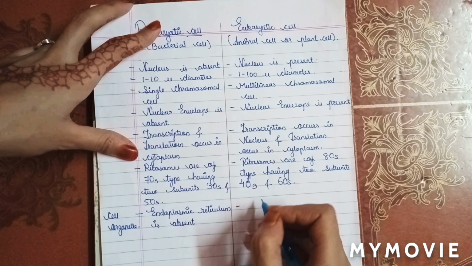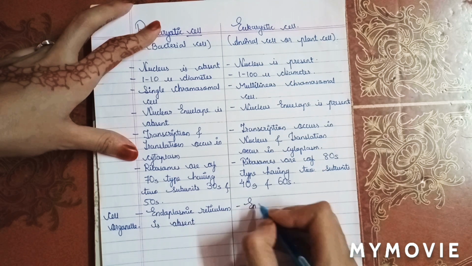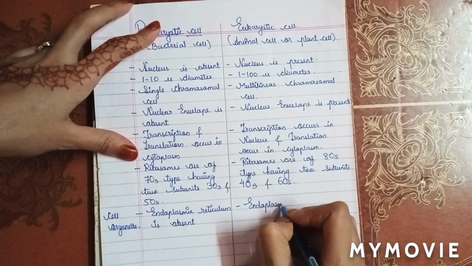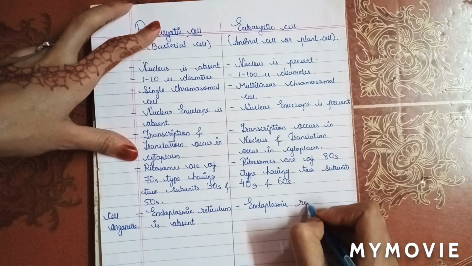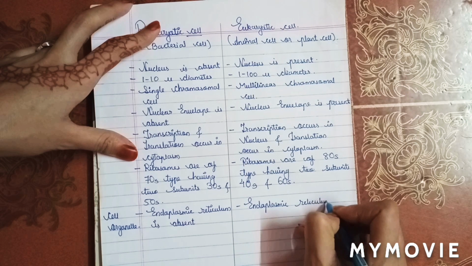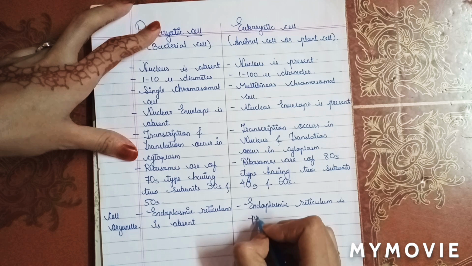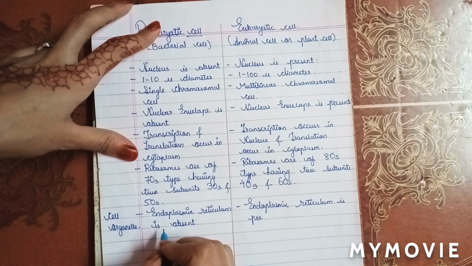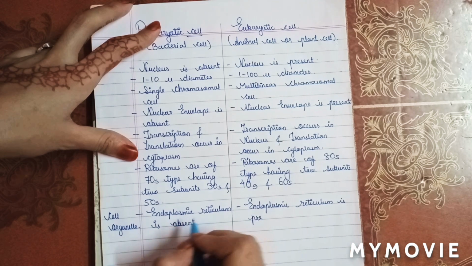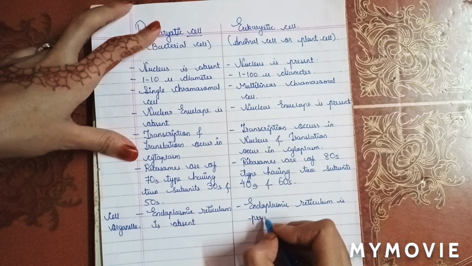And in case of eukaryotes, endoplasmic reticulum is present. In short, we call it ER, meaning endoplasmic reticulum.